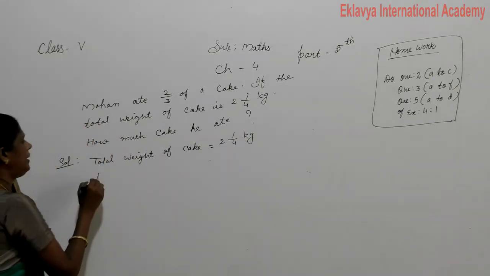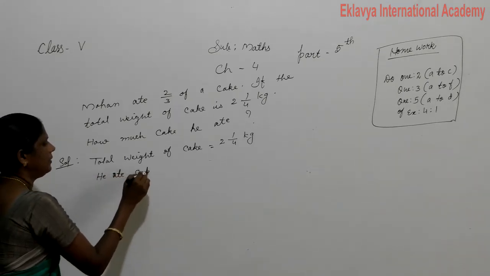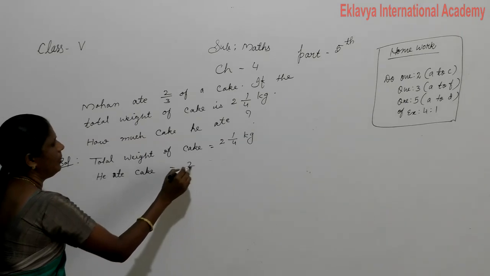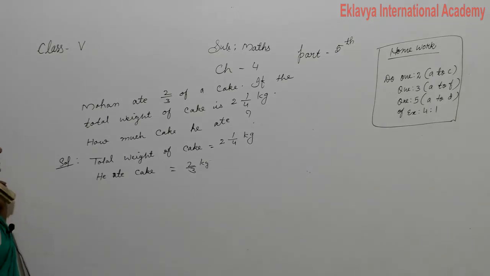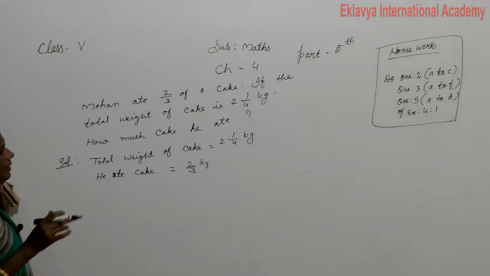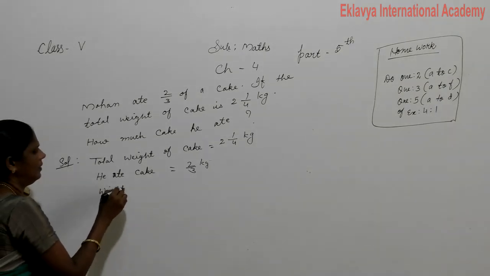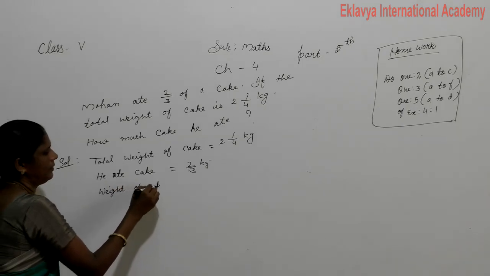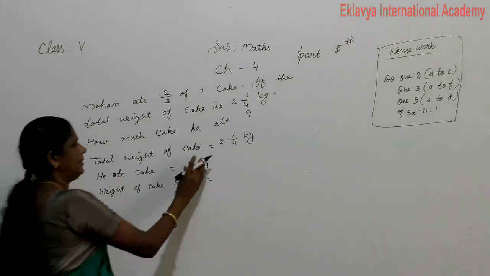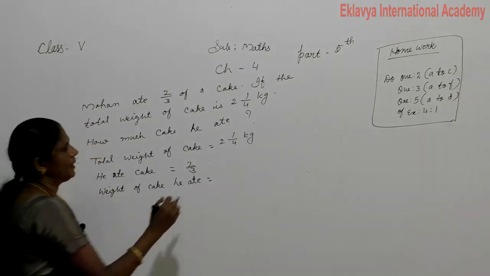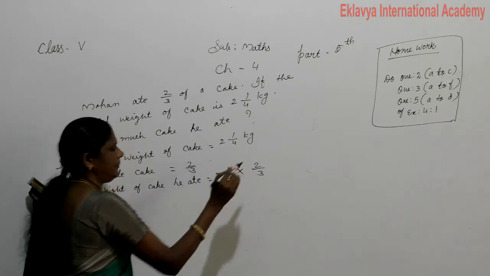Then he ate, that is Mohan ate, 2/3 of the cake. Then the weight of the cake he ate is 2 1/4 multiply 2/3.